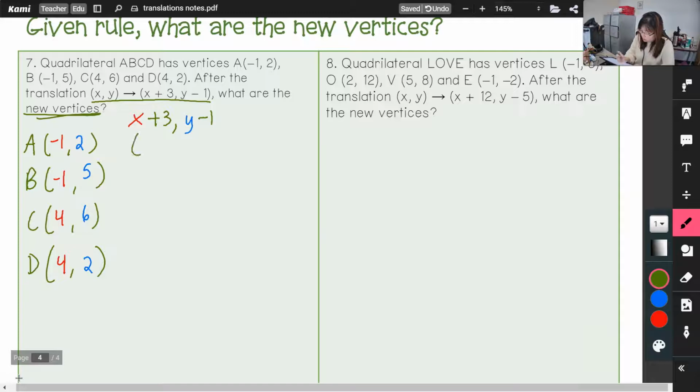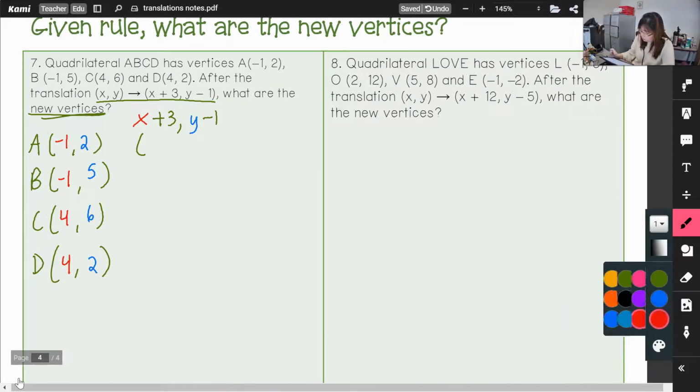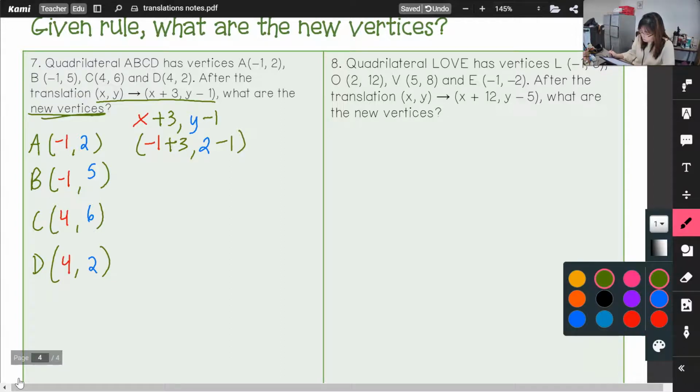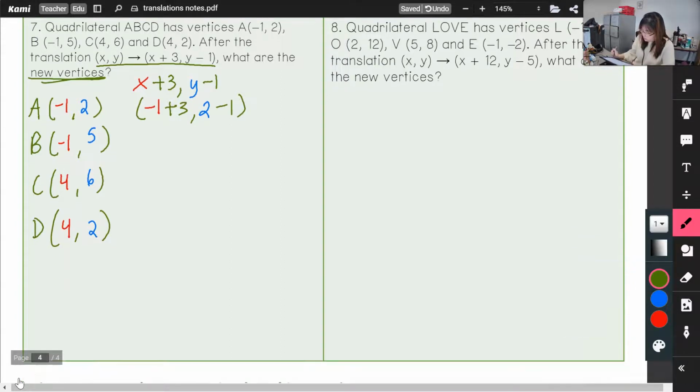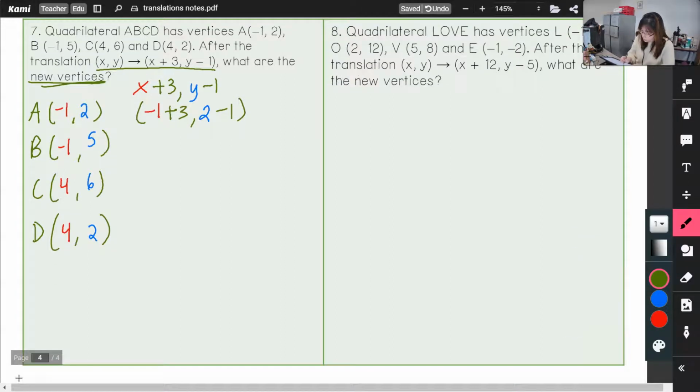Okay, so let's do this piece by piece. So for A, you have negative 1 as the x, so you take -1 and you add 3 to it. Our y is 2, so we take 2 and subtract 1. Here's the work. This is the original points, and this is the work that we're doing in the next column.